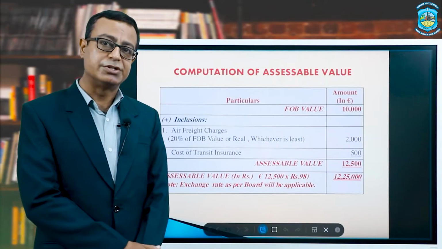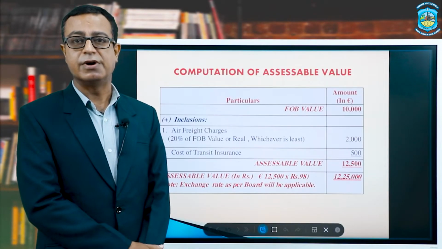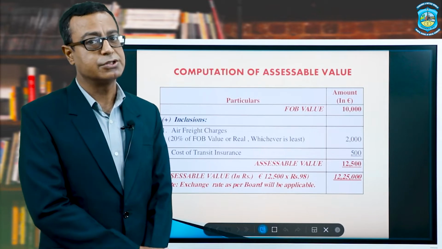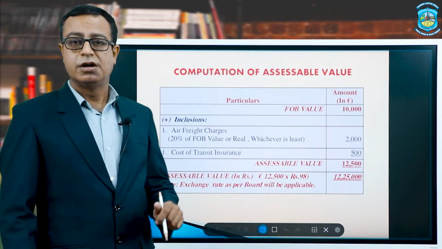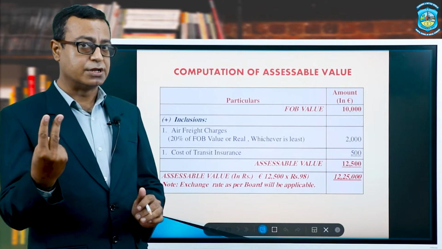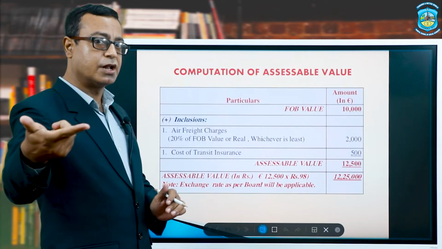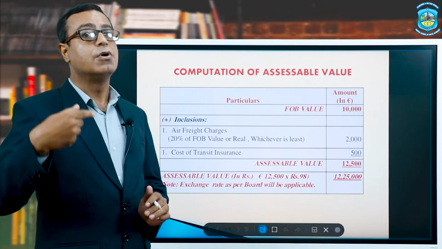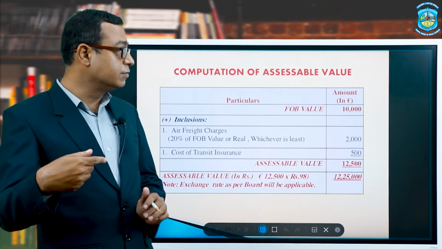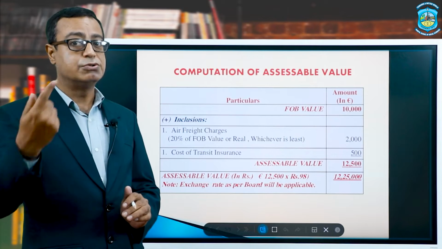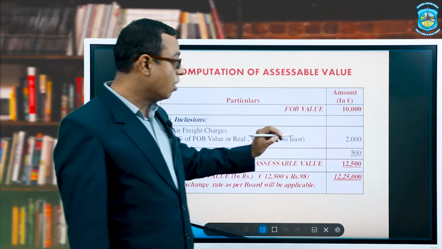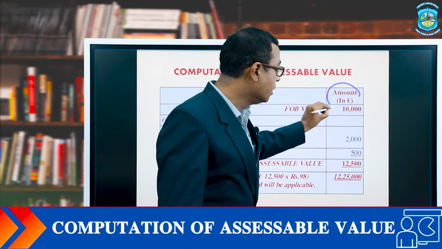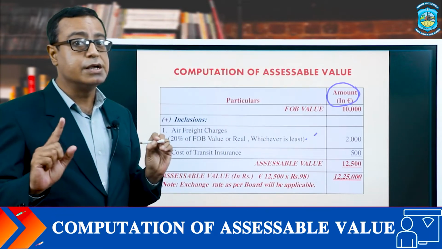Dear friends, now it's turn to calculate assessable value as the first step for the calculation of customs duty. I think we know we have two types of inclusion, before FOB value and after FOB value. We are going to use only after FOB value inclusions, but before starting the solution, remember we have all these figures in euro, not in Indian rupee.